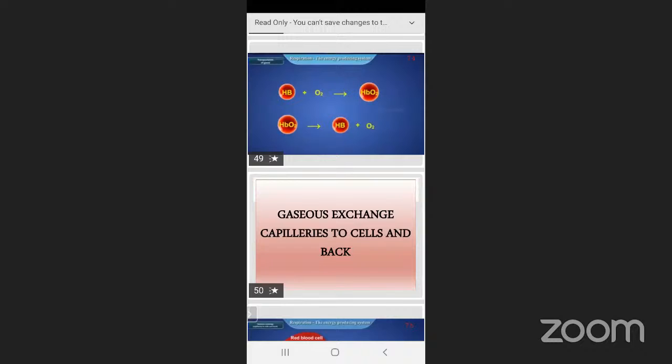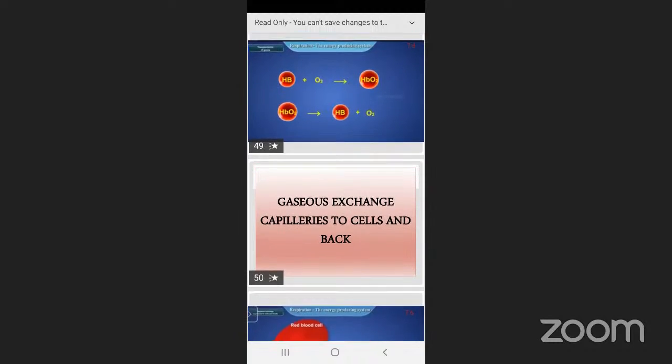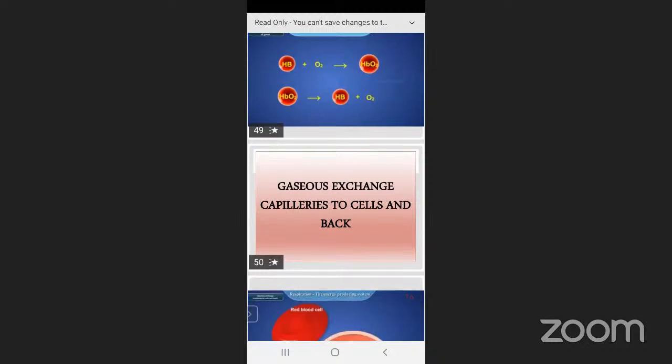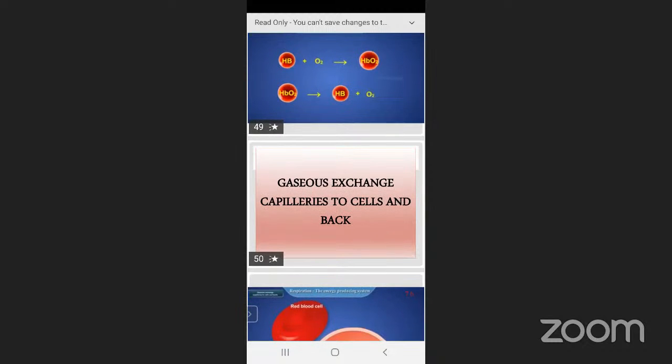So in the second reaction, after loading oxygen to the tissue, at tissue level the oxyhemoglobin HbO2 breaks down into Hb plus O2. This O2 is utilized by the cells in respiration to release carbon dioxide and produce water and energy.